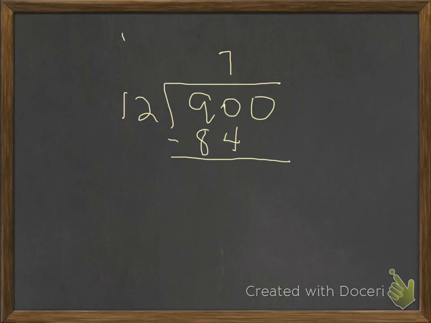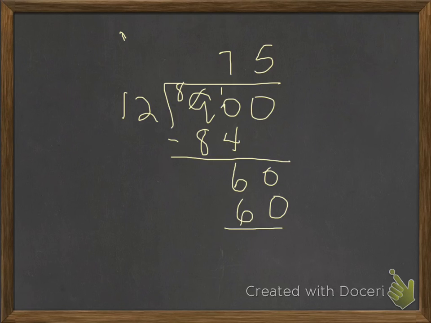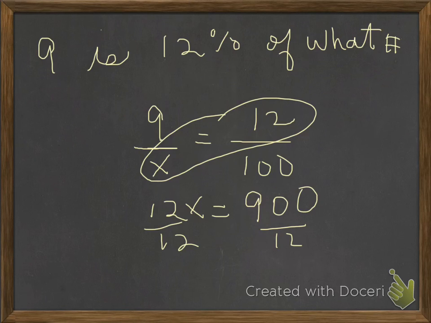Now we subtract. You have to borrow, so this would be 4 from 10 is 6. Bring down your 0. So 12 will go into 60 5 times. 2 times 5 is 10. Carry your 1 again. 5 times 1 is 5 plus 1 is 6. There's no remainder. So the answer is 75.